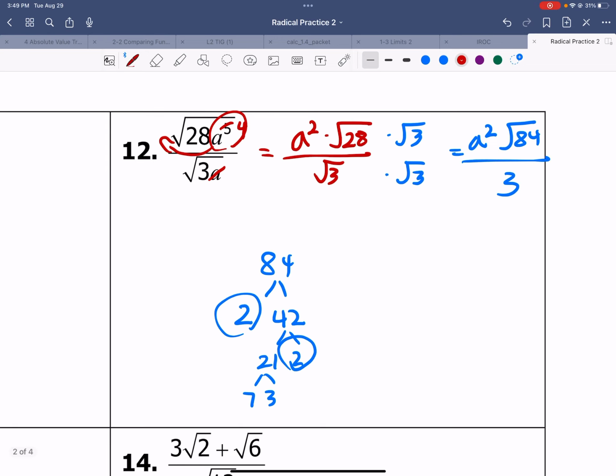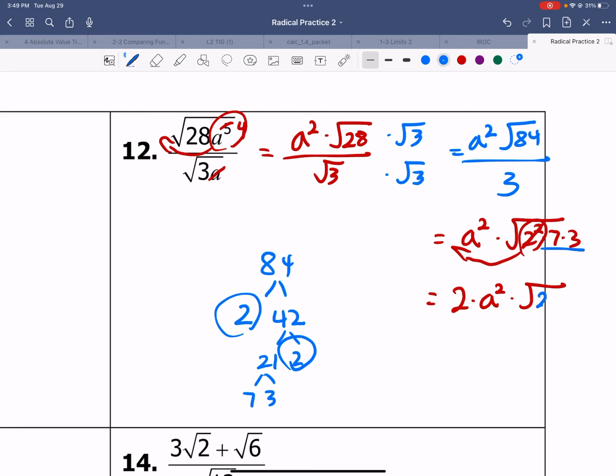So it's going to be a squared times square root of 2 squared times 7 times 3. And I can take this one out once, and that will disappear. So you get 2 times a squared times, what do I have left over? 7 times 3, which is 21, over 3. It looks like I cannot simplify further.